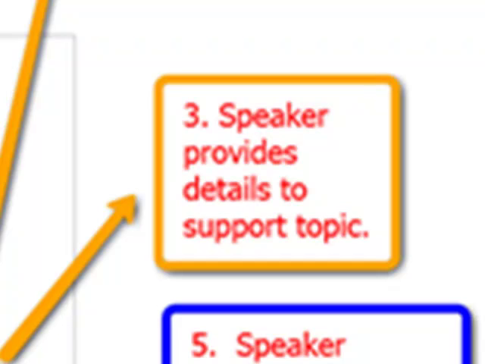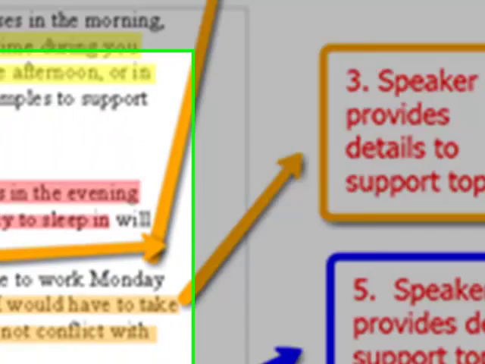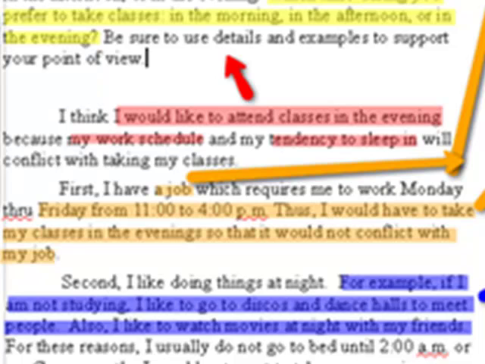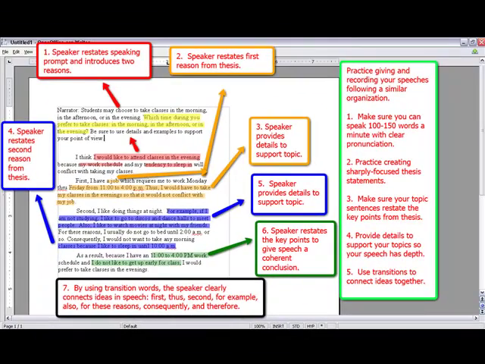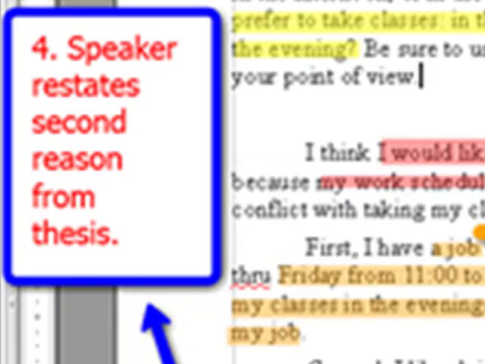Now the third characteristic here in this second paragraph, the speaker gives details to support topics. So you have the job, and at this job the person has to work from 11 to 4, thus the person wants to take classes in the evening. And you could argue that maybe one more detail or example here would probably better support it, but still it's pretty good. All right, let's go to 4.